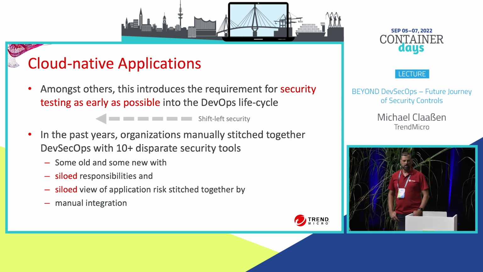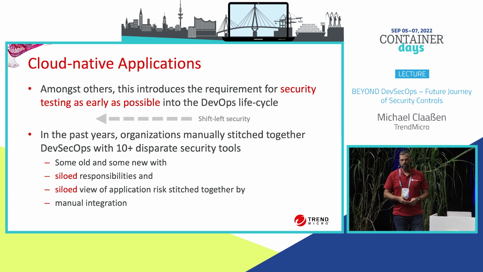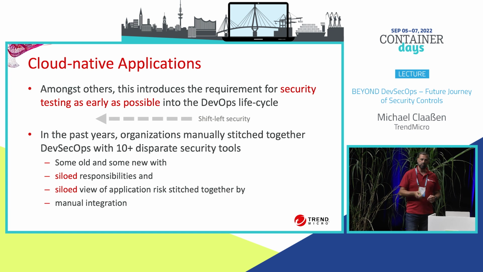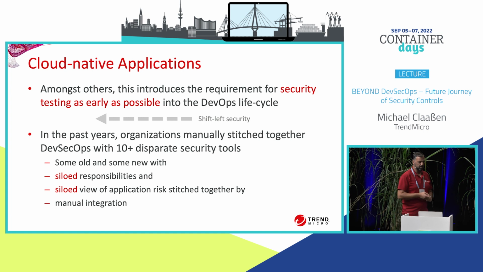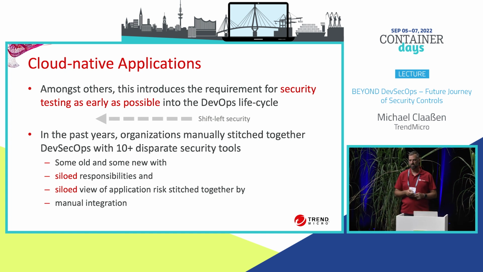As cloud-native is built with infrastructure as code and many automated processes, there is a much greater requirement to shift security left as early as possible in this life cycle.